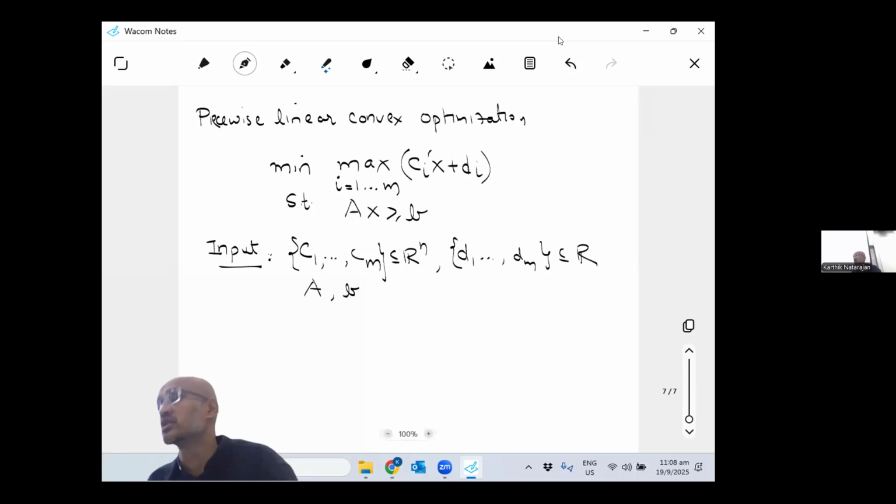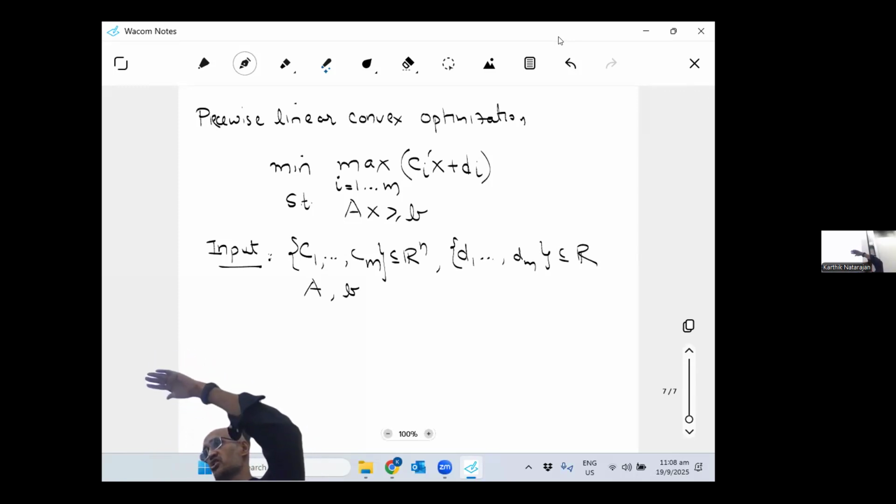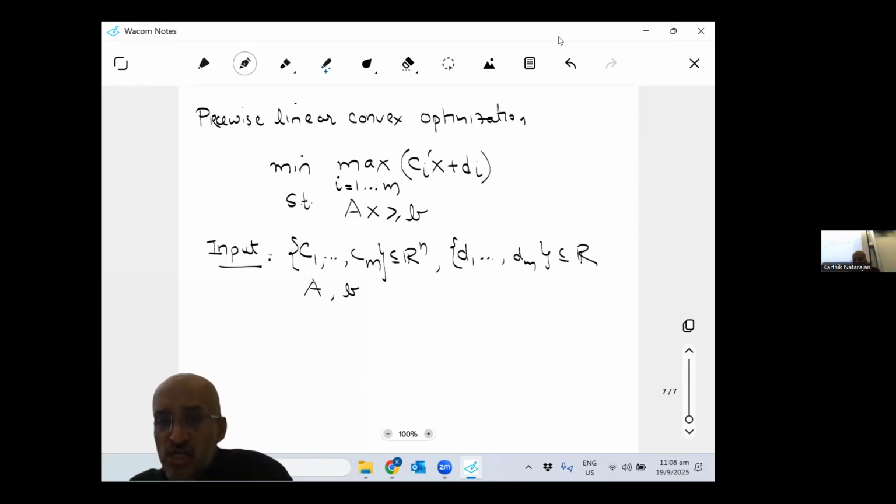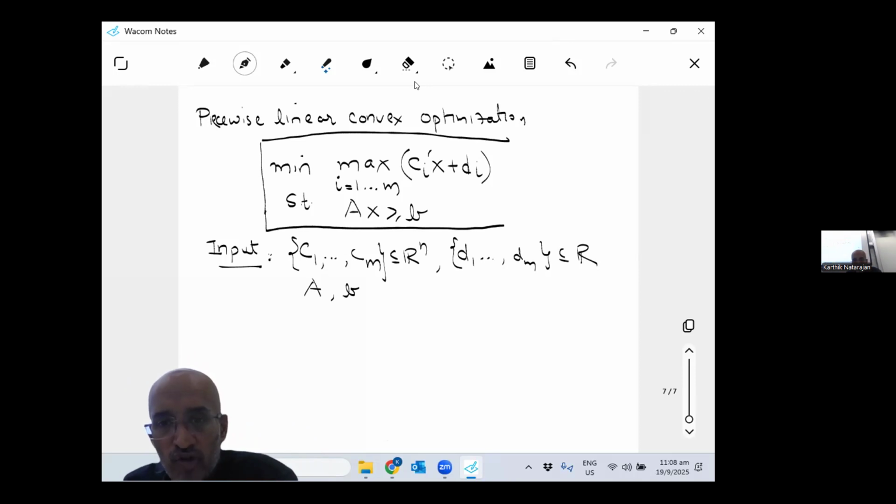So what is changing? The fact that I now have many terms in my objective function and many constants, the d's potentially. But now I'm taking this function and I'm interested in solving this optimization problem, this piecewise linear convex program. First thing is, why is this a piecewise linear convex program?